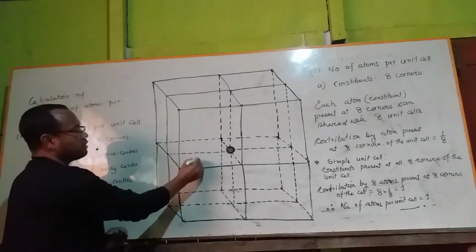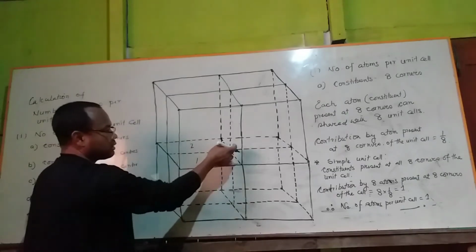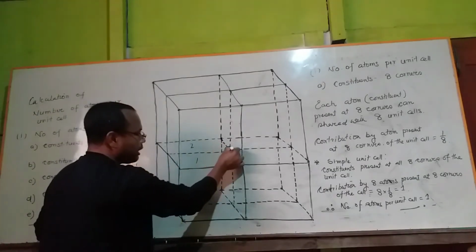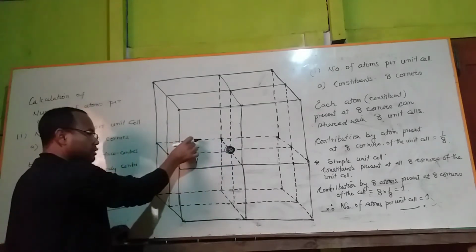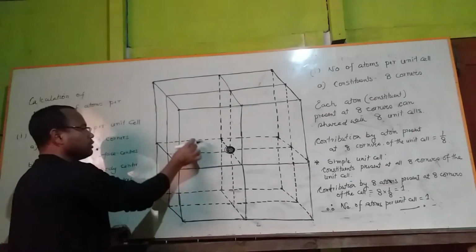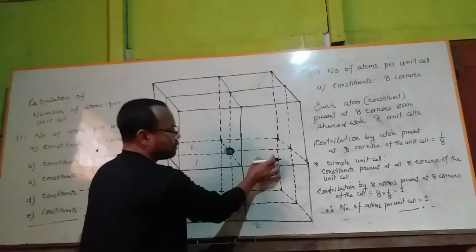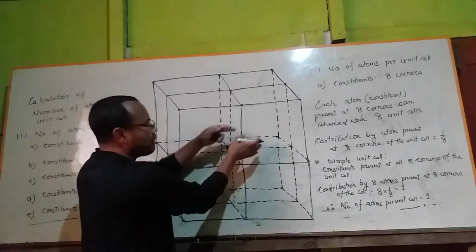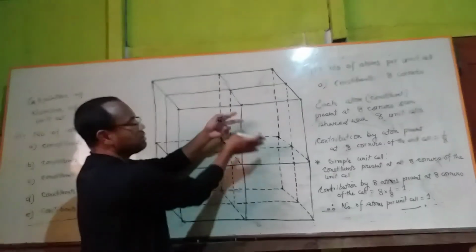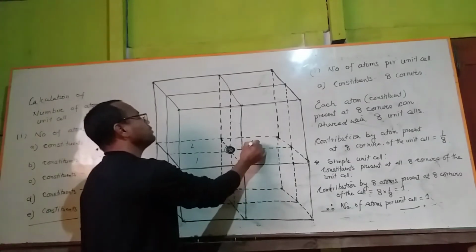I mark it here: this is one, another is this one. So this atom is shared by one unit cell and another unit cell, marked 1 and 2. On the other side, same number. So this atom is also shared with another unit cell just behind, marked 3 and 4.